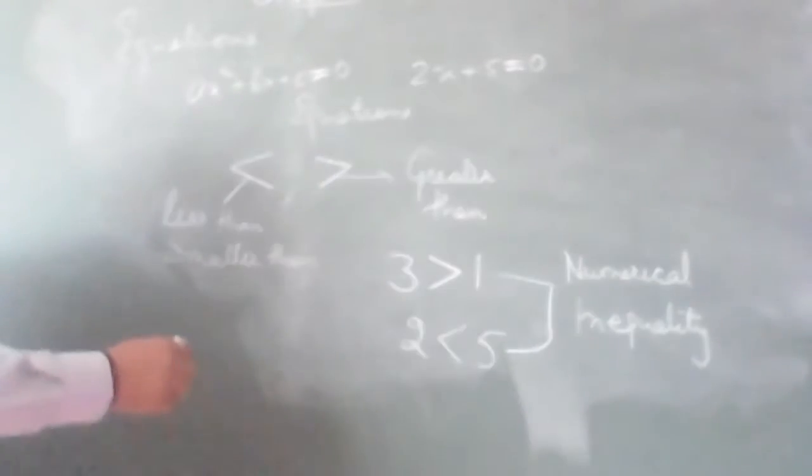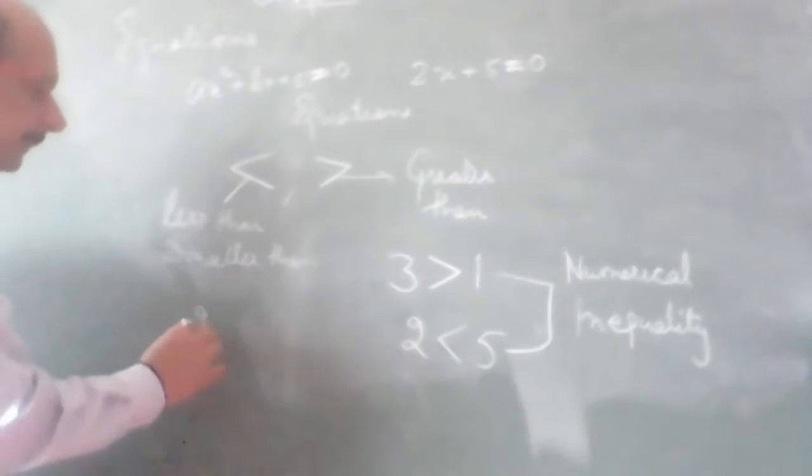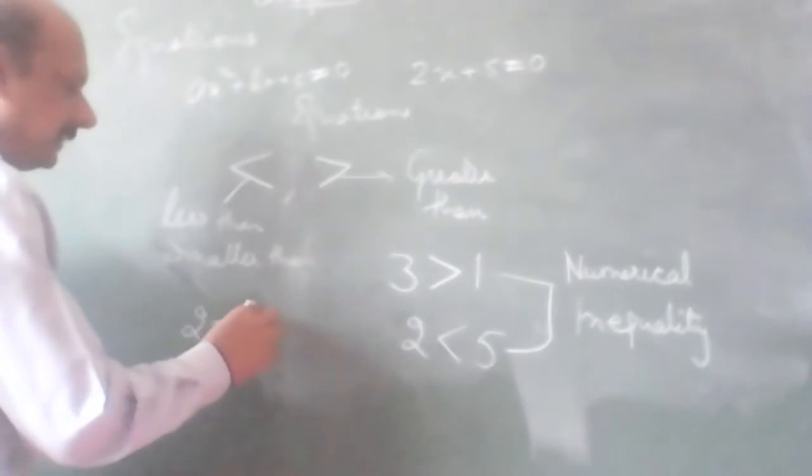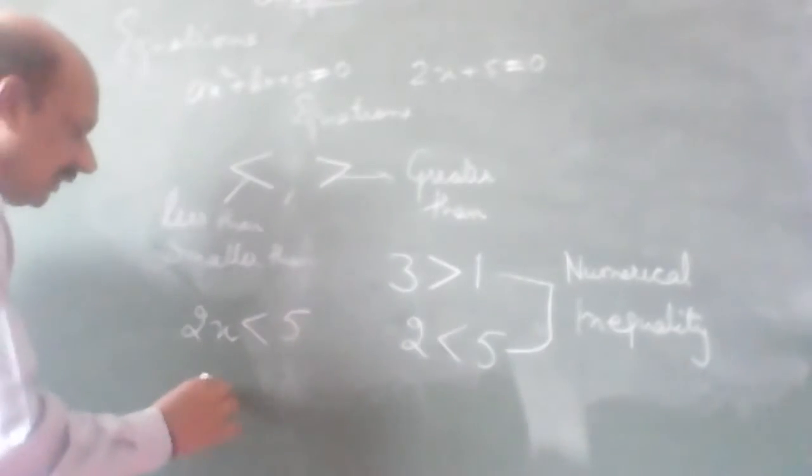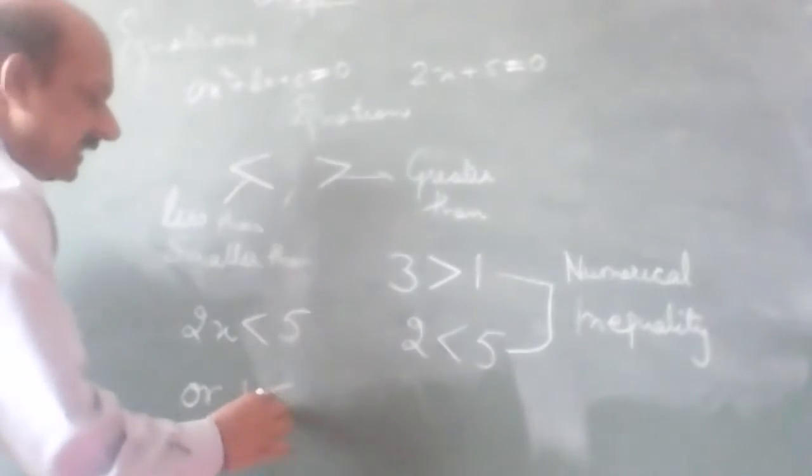It means we may have something like 2x is less than 5, or we directly say y is less than 3.